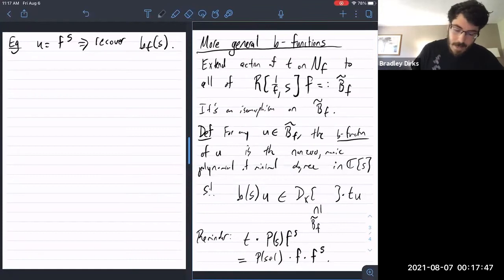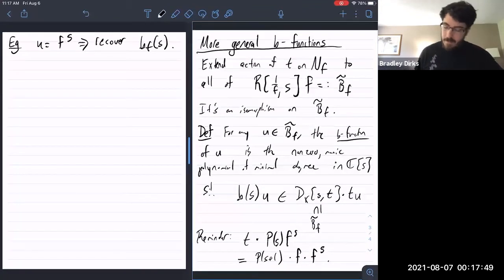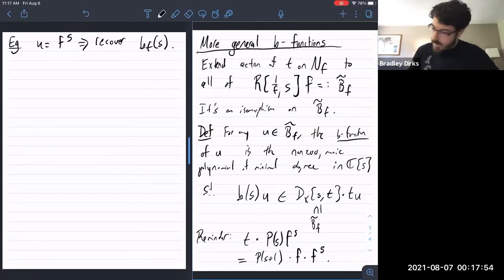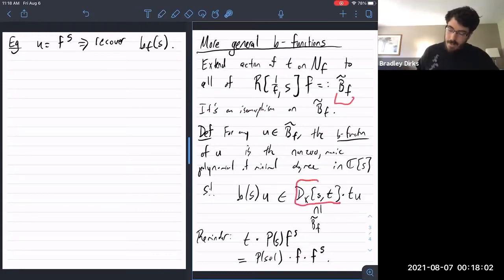I also want to allow action by the variable t here. Recall that t acts on this whole thing, so we can really think of this as a D_X[s,t] module. And so the right definition includes the action by t here.